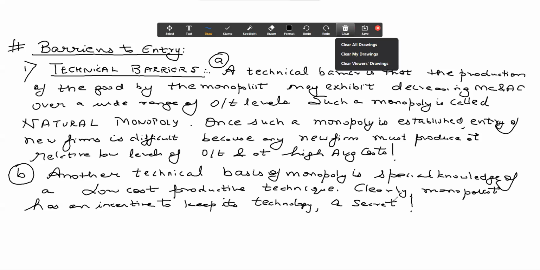Now, let's look at another barrier to entry. This is called legal barriers. So what are legal barriers? Basically we also have monopolies which are created by law.